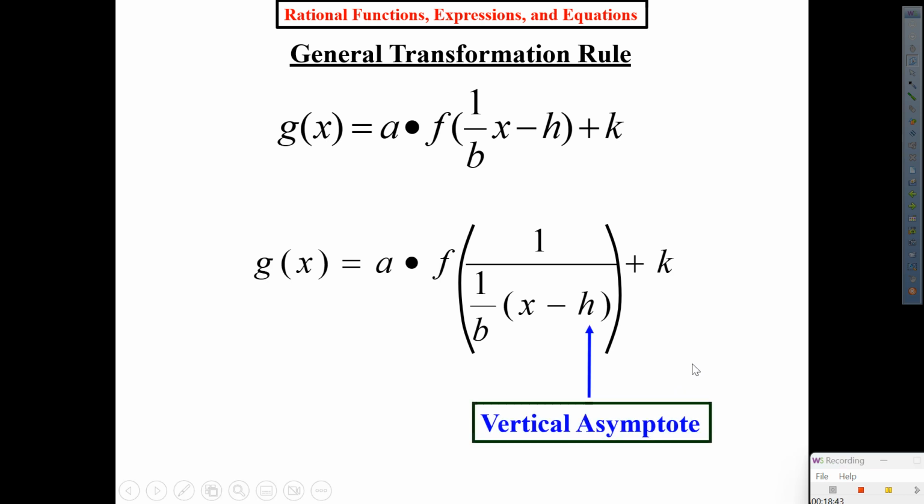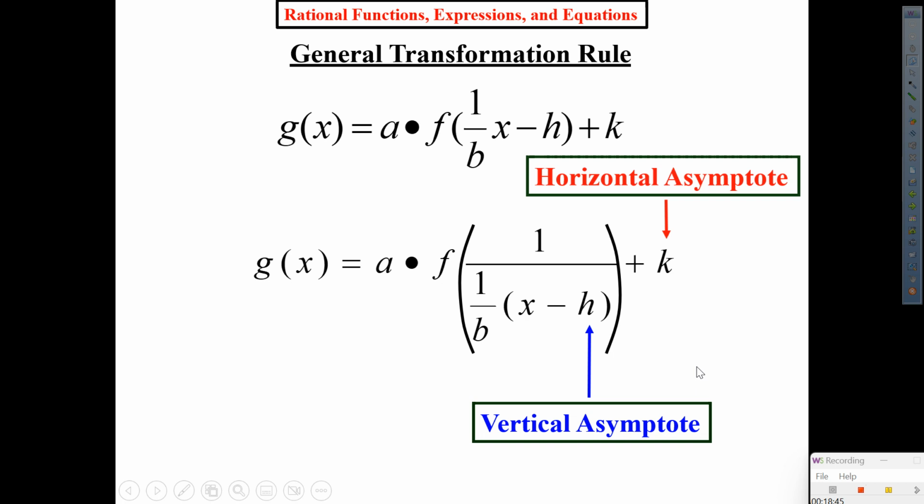H is our vertical asymptote, and K is our horizontal asymptote, and we'll cover what to do with that. H is our vertical asymptote, vertical, which means up and down. Horizontal asymptote, which means side to side, and I'll explain what that means. All right. Everybody done copying? Yes? All right.